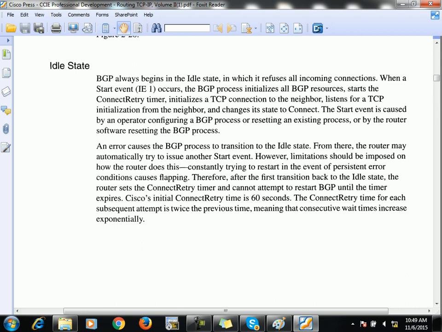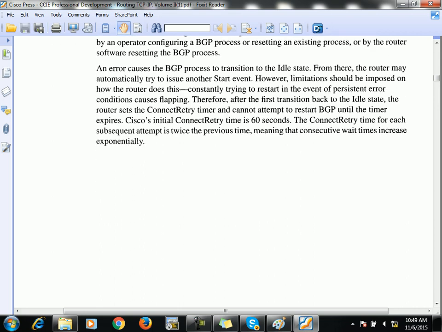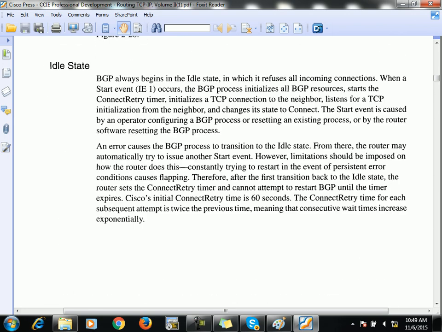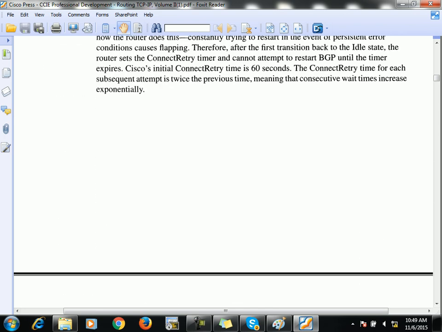Idle state: BGP always begins in idle state, in which it refuses all incoming connections. It will not listen for incoming BGP connections. That is idle state. And connect retry timer is by default 60 seconds, right?